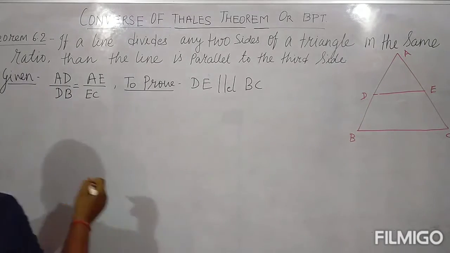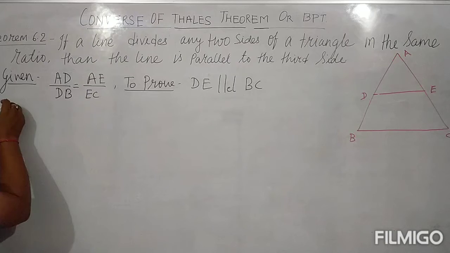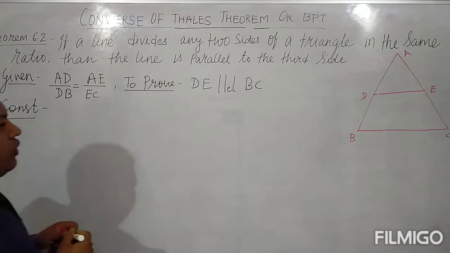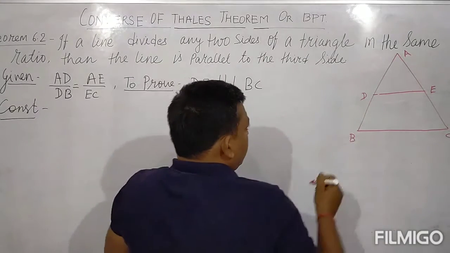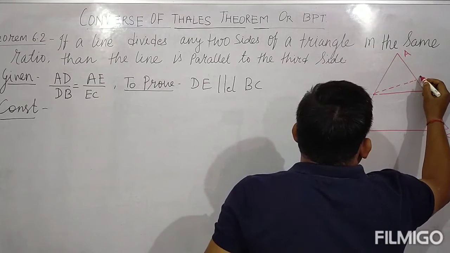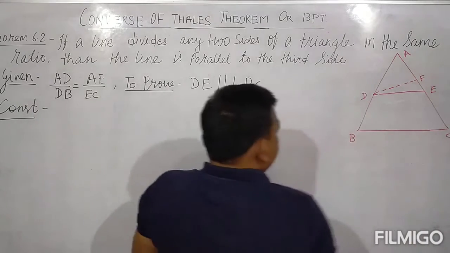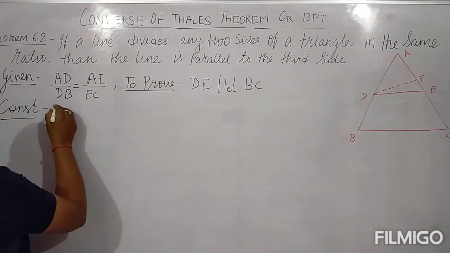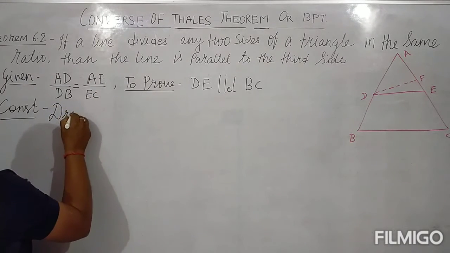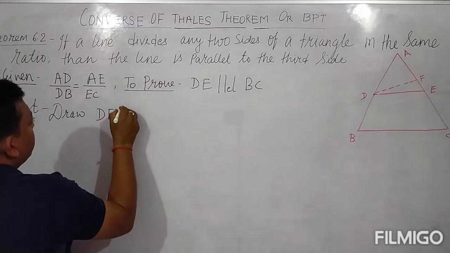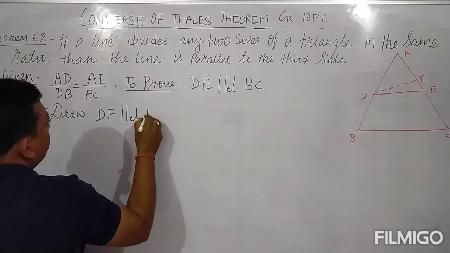For proving, we must do some construction. Let us draw a line DF which is parallel to BC. So we will write draw DF parallel to BC.